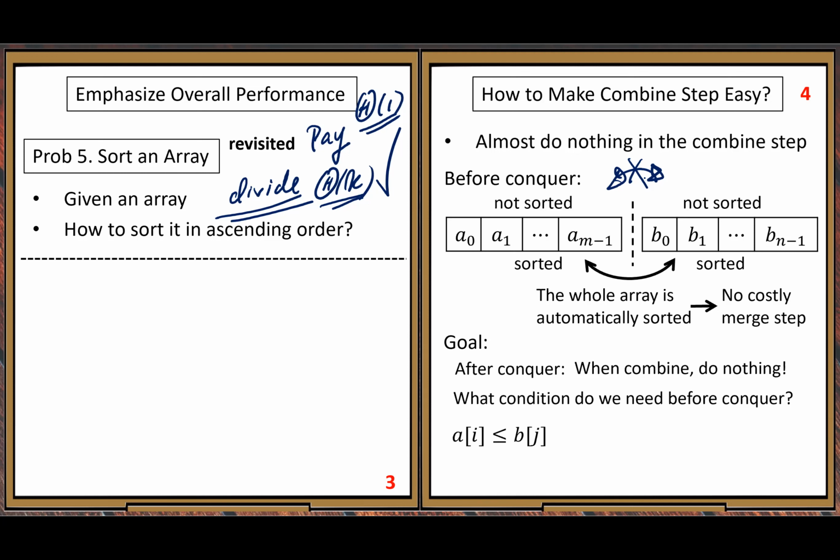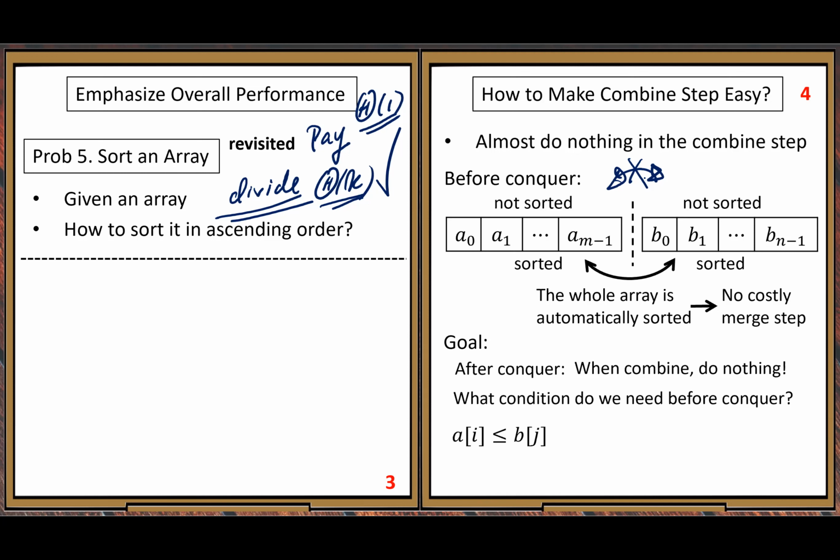So the property is A of I. The value of an A subarray element, you can imagine the largest one, right? Even if you put the max element of the A subarray, this inequality is correct. And for the B subarray, B of J refers to any element in the B subarray, you can replace it by the minimum of the B subarray. It should also be correct.